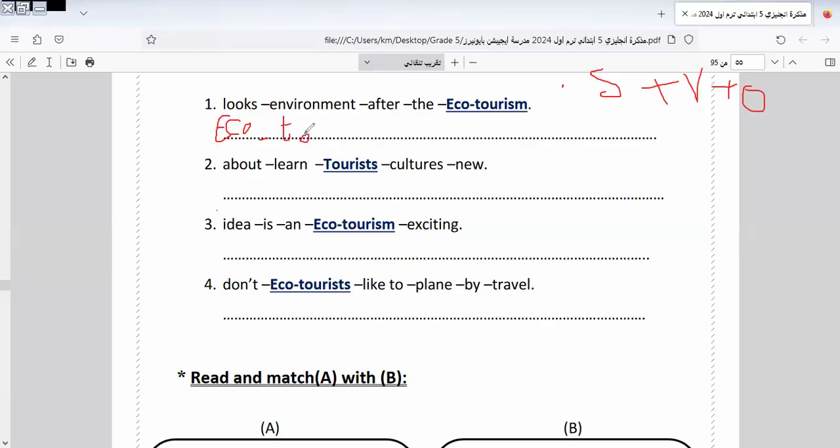Okay, now we know the rule. You can practice the rest of the sentences on it. Here is ecosystem.